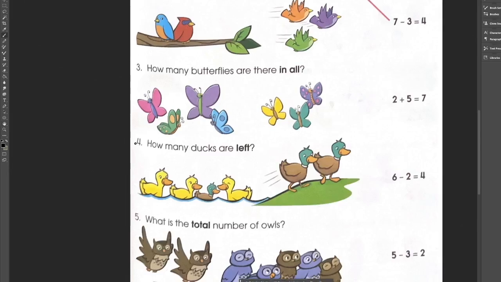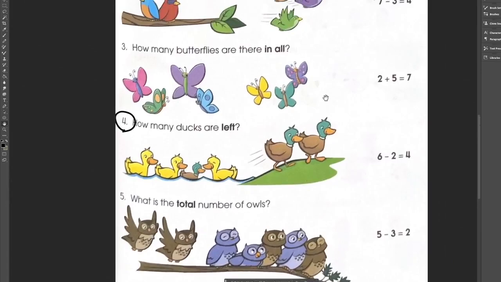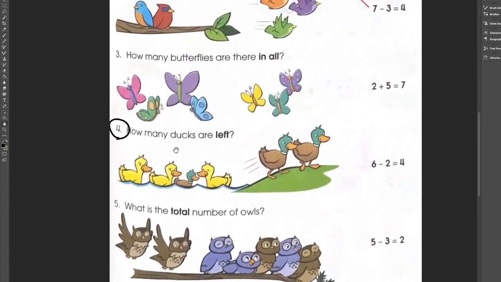For this one, let's do number 4 because it has ducks. How many ducks are left? So, left. This is bolded because it's a very important word. It tells us whether the operation will be subtraction or addition in the number sentence.